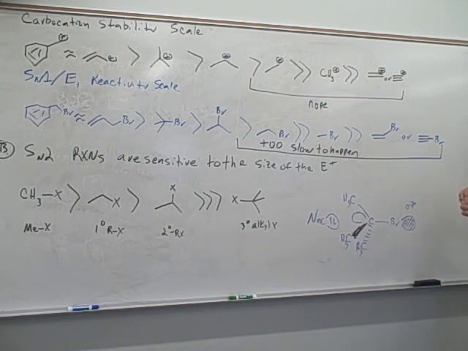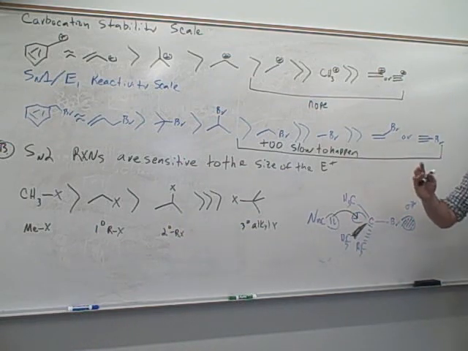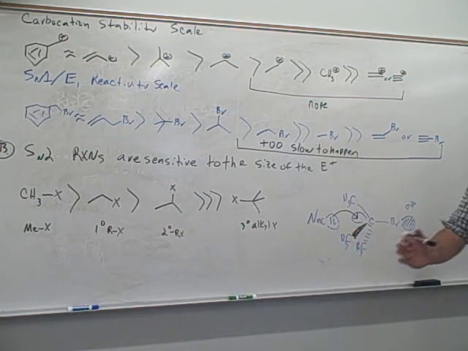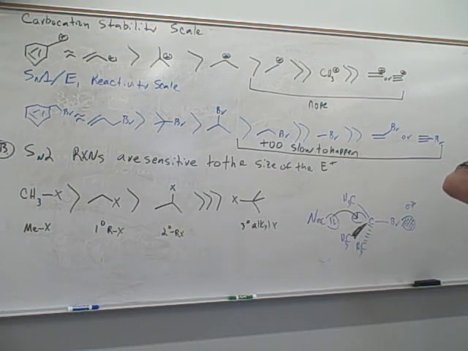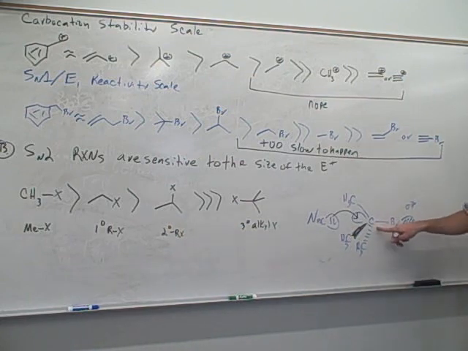So the problem with this is we need to directly have physical and spatial overlap of two orbitals. Okay? If you have a bunch of junk in the way of the ability to overlap those highest occupied molecular orbitals with the lowest unoccupied molecular orbitals, you're not able to have effective bond overlap. Without effective bond overlap, you can't form a bond, and more importantly, you can't cause this carbon-bromine bond to break.